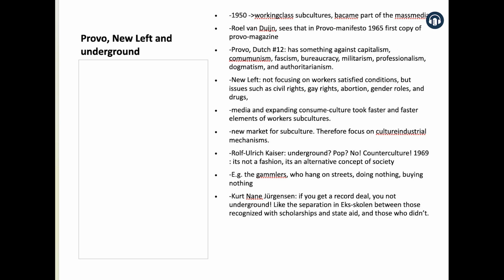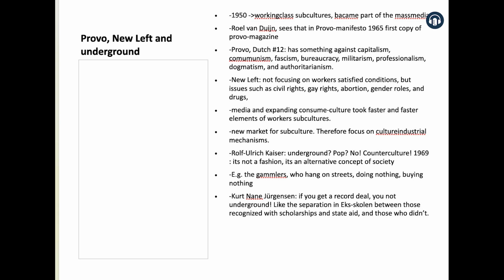A New Left, not focusing on worker-satisfied conviction, but on issues such as civil rights, gay rights, abortion, gender roles, and drugs. Media and expanding consumer culture took faster and faster elements of worker subcultures. A new market for subculture therefore focused on cultural industrial mechanisms.